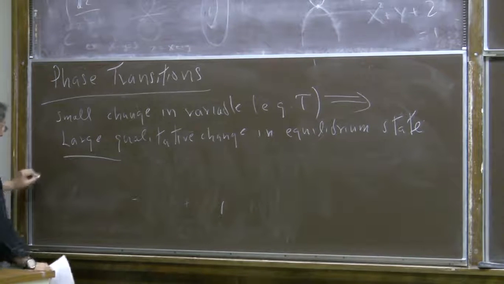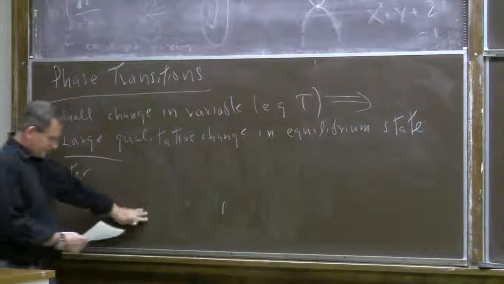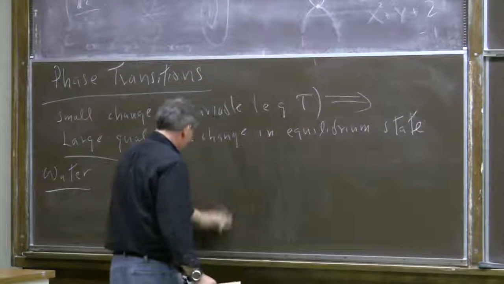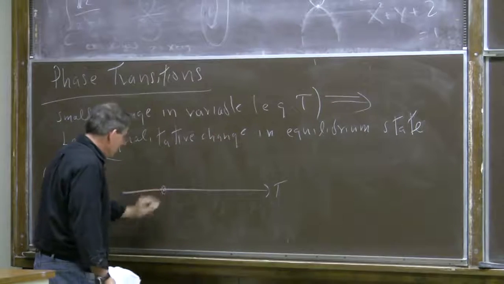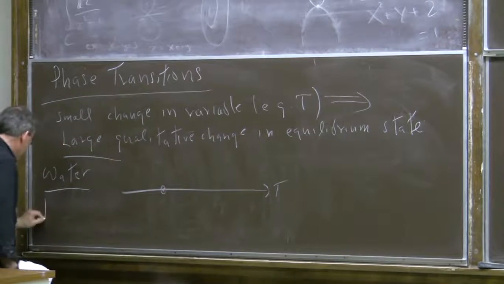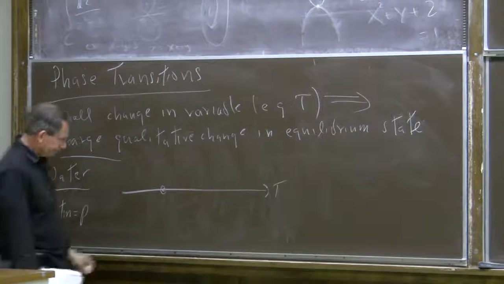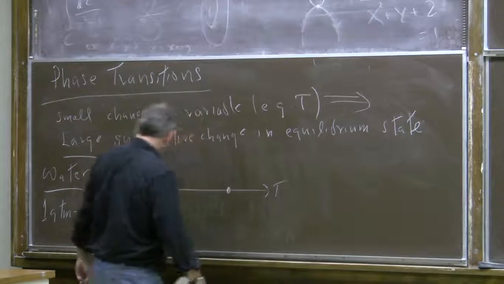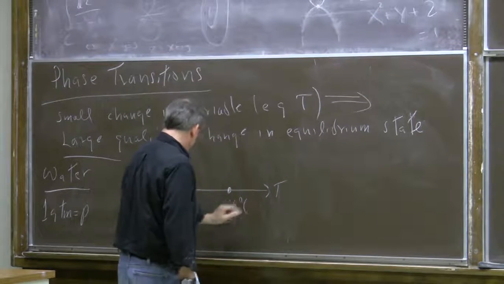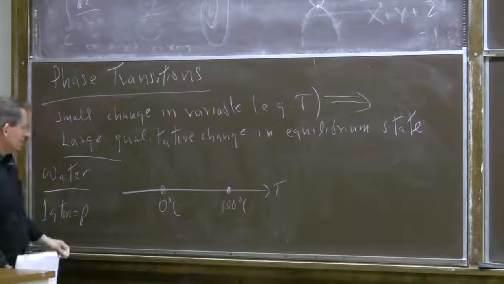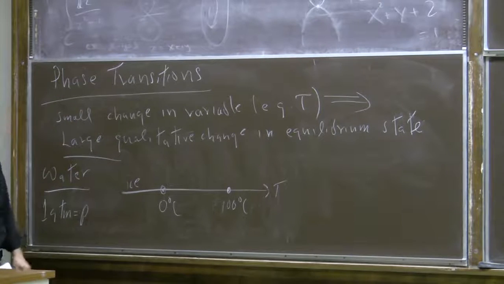So, one well-known example is the three phases of water. If I consider varying the temperature, and let's say I'm considering water at 1 atmosphere pressure, then there are two phase transitions, one at 0 degrees C, one at 100 degrees C. Below 0 degrees C, the water is solid, it's ice.